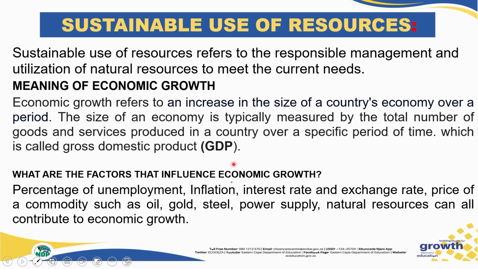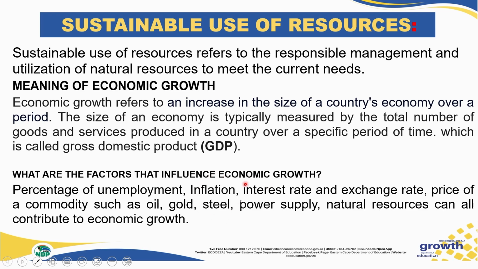Interest rate happens where the banks lend money and they charge a certain interest on that amount of money borrowed. And the price of a commodity, where the price of oil is going up. If you care to remember, you find that the rand is going down and the price of oil is going up, and the price of petrol goes up also.